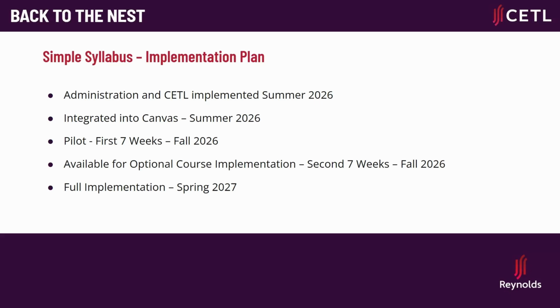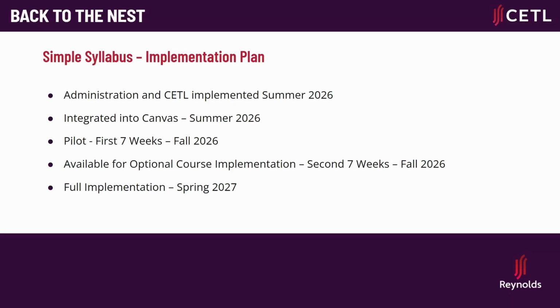I will tell you, there will be one common confusion point for your students that you'll have to make sure you clarify, and that's you will have a syllabus link on your course menu and a Simple Syllabus link on your course menu. We cannot change that right now without changing every single course for the fall semester, which we're not going to do. In the spring, my hope is to have all that content that resides under syllabus somewhere else in the course blueprint, so you'll only have one syllabus link in your course menu.